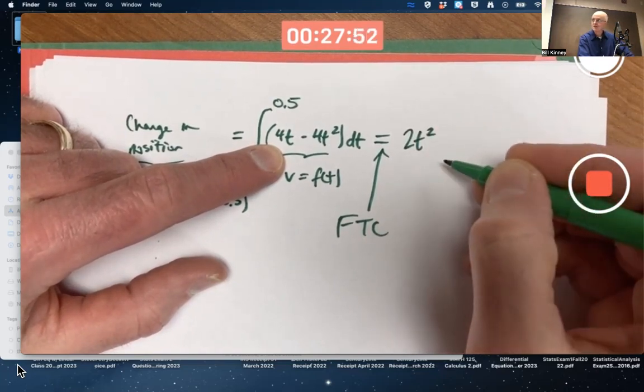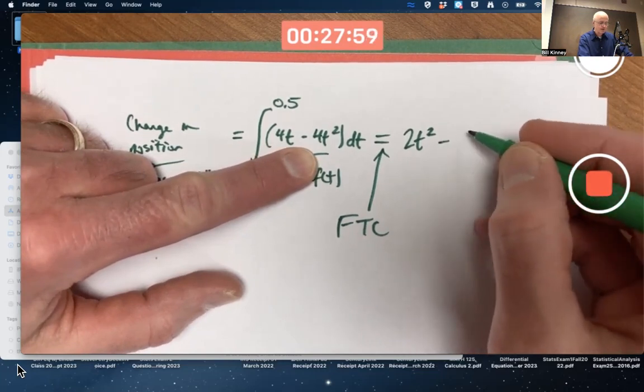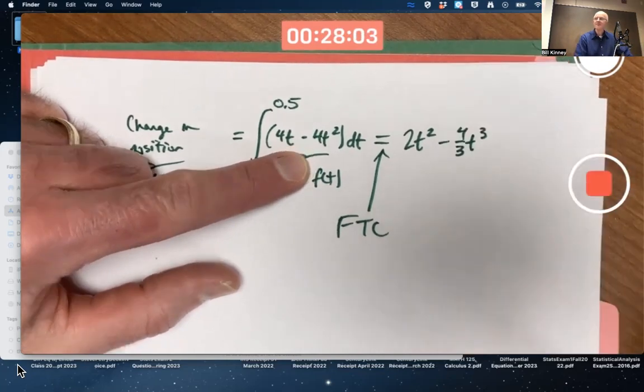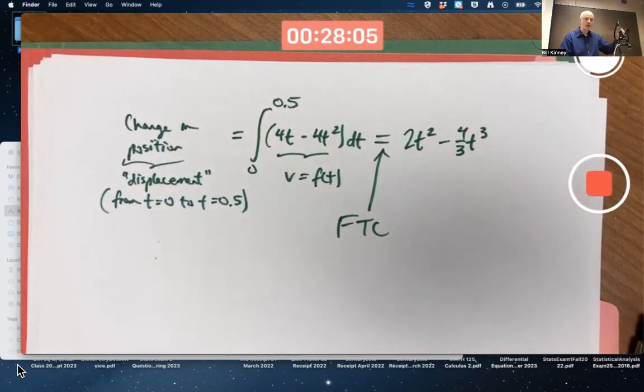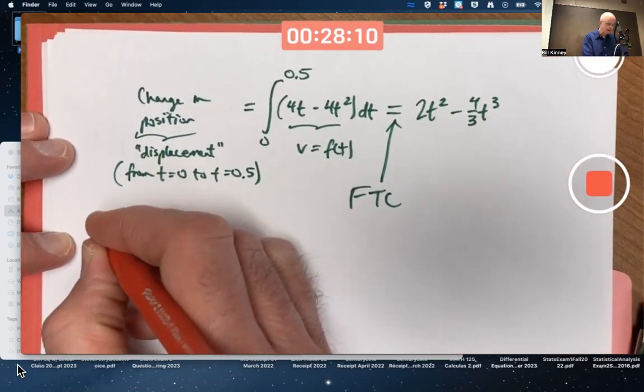Check by differentiation. Derivative of 2t squared is 4t. Integral, this one's a little trickier, of 4t squared is going to be 4/3 t cubed. Check by differentiation. I am, of course, using a general fact there.